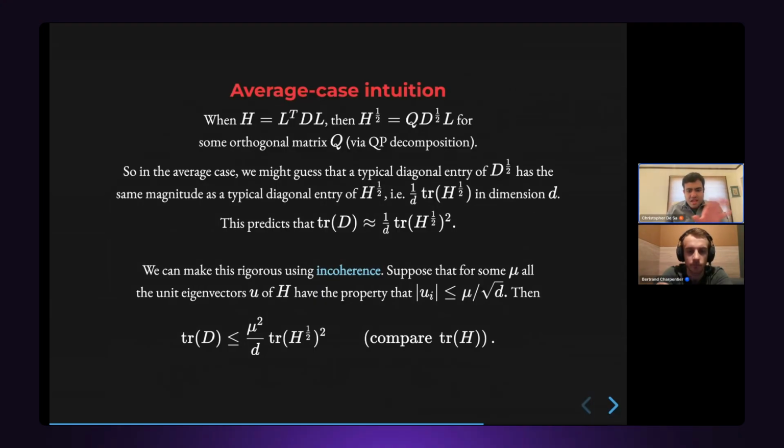And so what we're going to say is we're going to assume that all of the unit eigenvectors of H have this property that the maximum magnitude of an entry is less than some constant mu over the square root of D. Then you're able to show this acceleration. You're able to show that the trace of D is less than or equal to mu squared over D times the trace of H to the 1/2, squared, which is going to be small relative to the trace of H when the matrix H has a rapidly decaying spectrum and when D is large compared to mu.